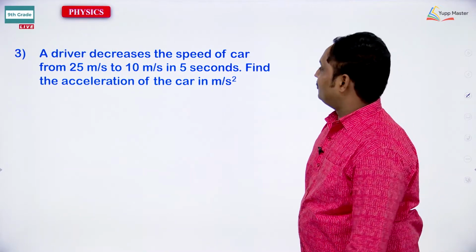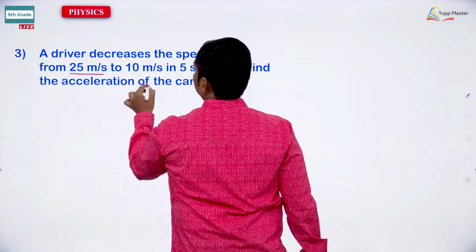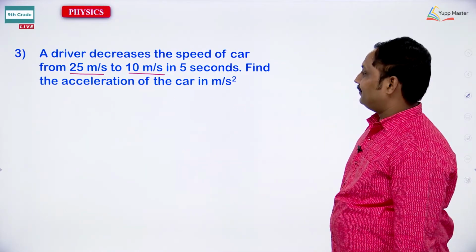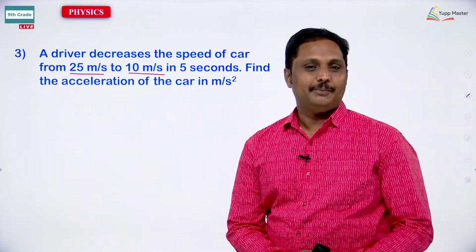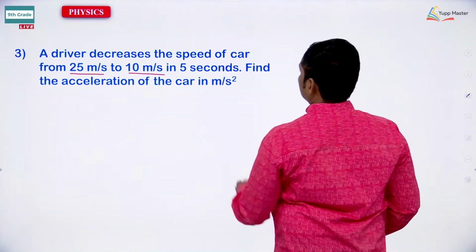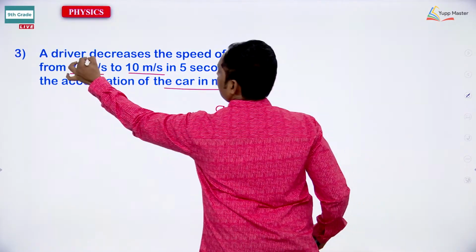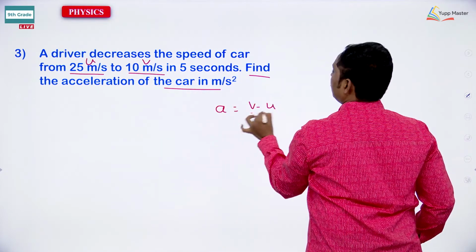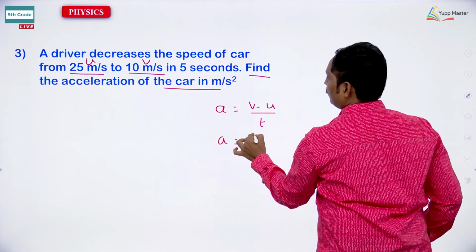A driver decreased the speed of a car from 20 meter per second to 10 meter per second in 5 seconds, simply he applied the brakes. So find the acceleration of the car. Simply you will get this, this is u and v, just v minus u by t.